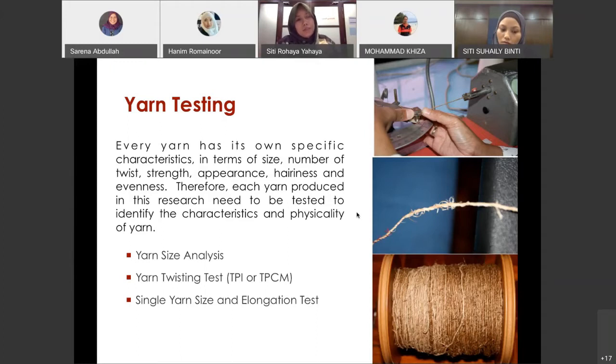Every yarn has its own specific characteristics in terms of size, number, and twist strength, so we need to run all these tests to get better results and a good quality yarn. The first test is the yarn size analysis test.